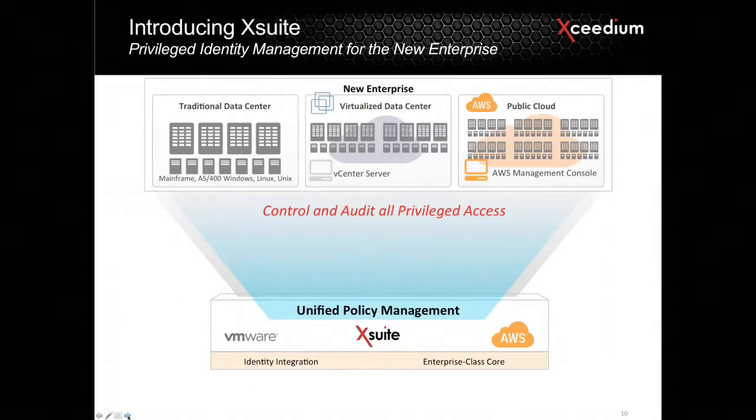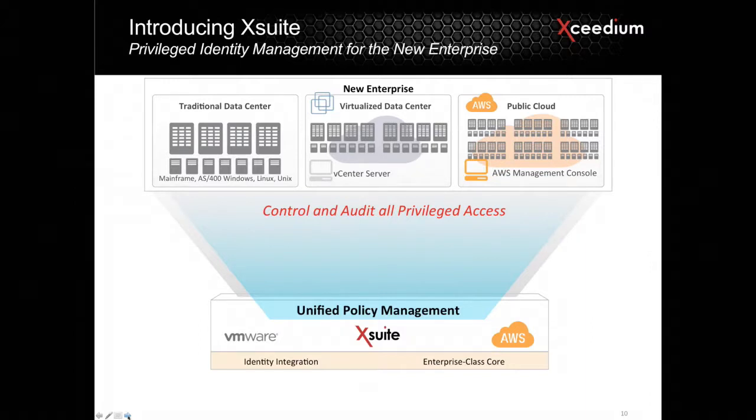So now let me give you a summary overview before Sean takes you through the demo. Our Xsuite platform allows you to control and audit all privilege access no matter where your infrastructure lives. If it lives in bare metal installs in a traditional data center, Windows, Linux or Unix box, if it lives in a mainframe or an AS400, we support those things too.